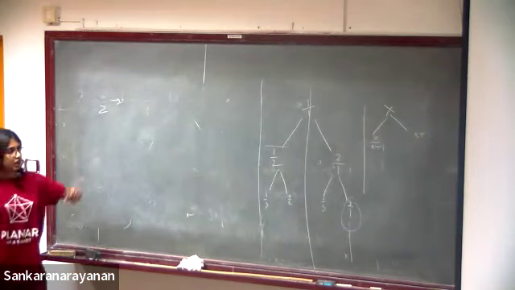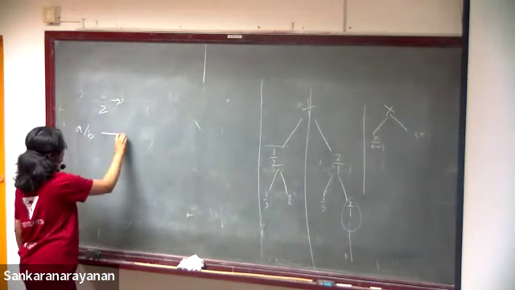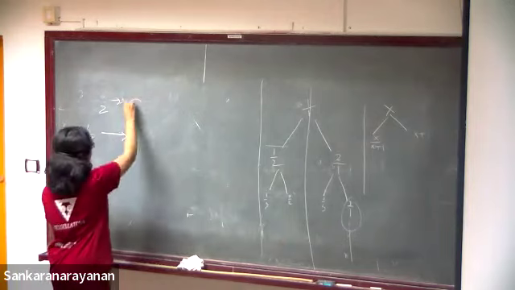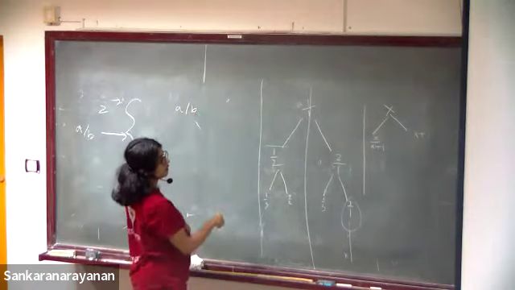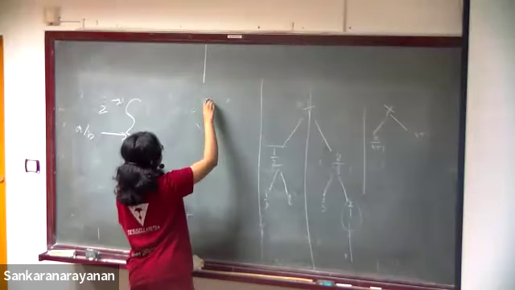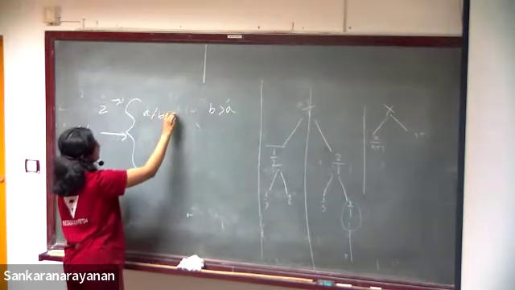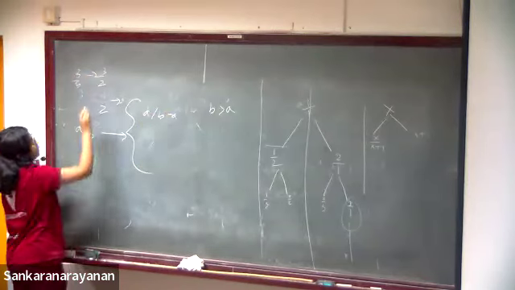Fine. So A by B, I need to see the pre-image of A by B. If B is greater than A, then this would map to A by B minus A. That is why from 3 by 5 we were going to 3 by 2.